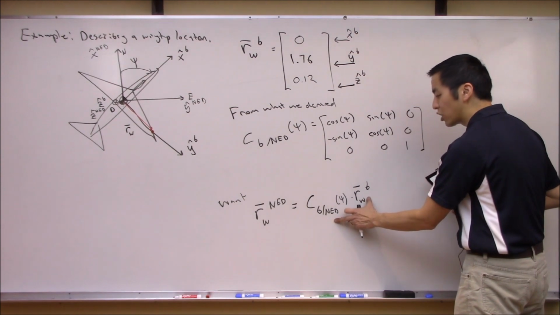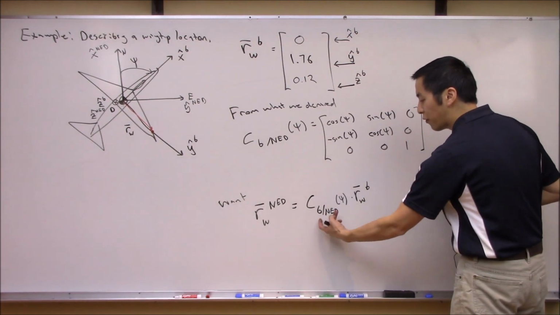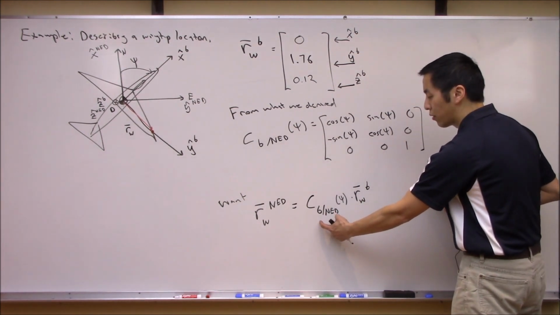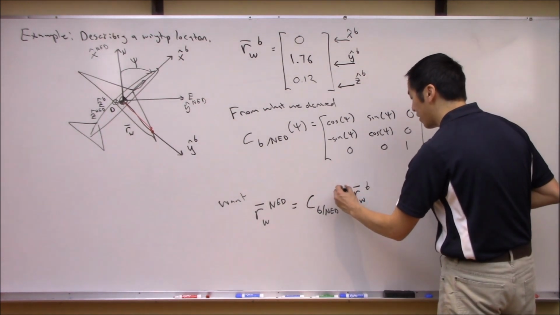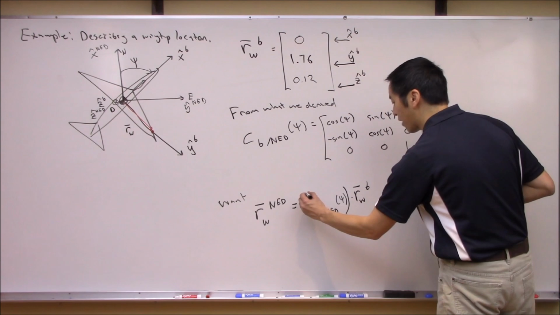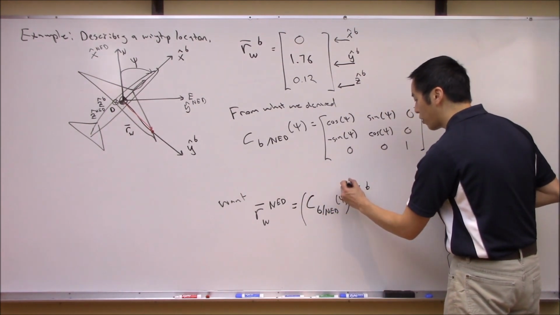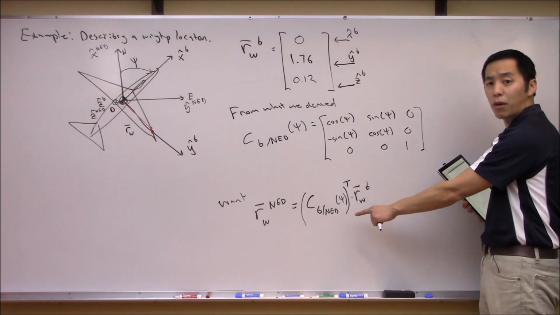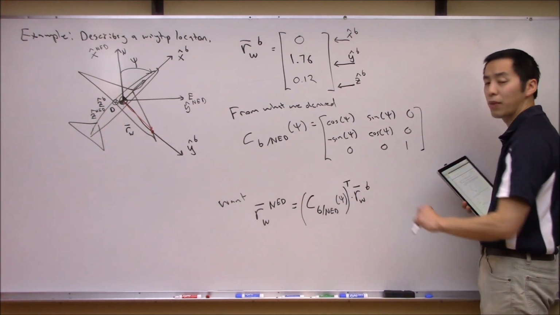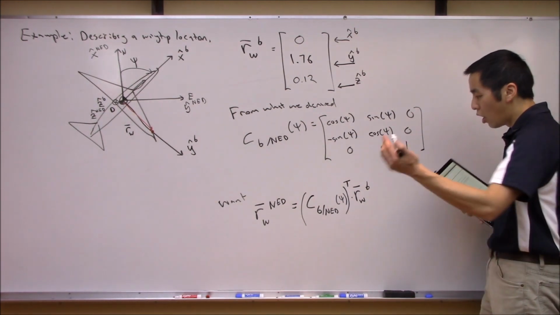So these don't match. So clearly what I need to do is flip these indices. We can use the property we talked about earlier that flipping the indices is the same thing as taking the inverse, or for our orthogonal matrix, just taking the transpose. So this is really the operation I have to do in order to make all of this work out, right?